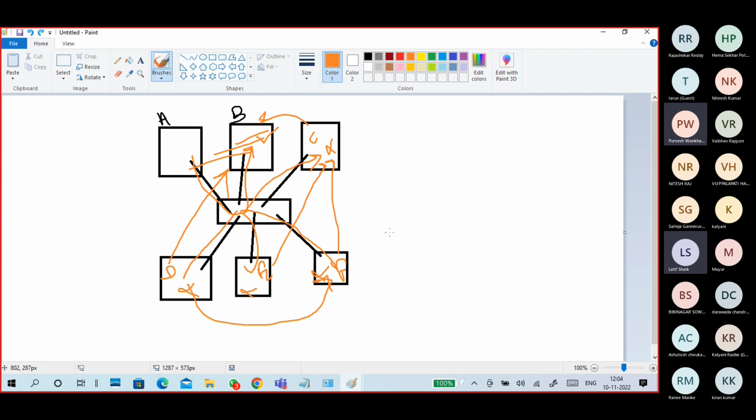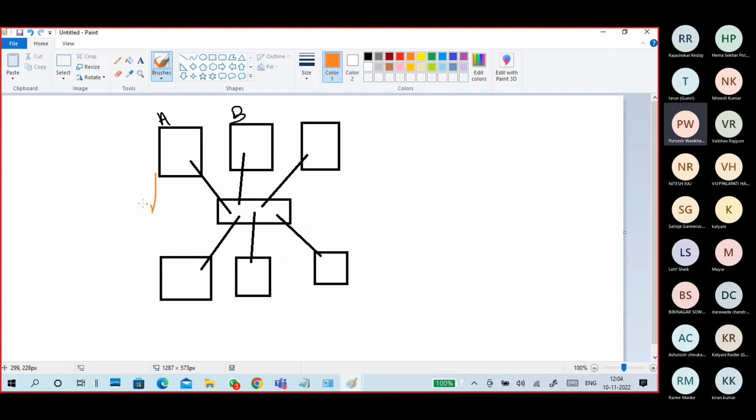So, for example, I send a packet from A to B. The packet goes from A to B. Okay, A sends a packet to B only. Not only B, I'm also sending to everyone because it is a hub, it is a broadcast.